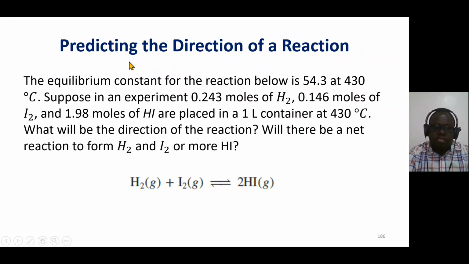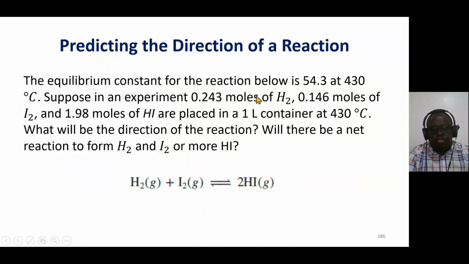Firstly, we look at predicting the direction of a reaction. So you're given this example of a reaction here, a reaction of hydrogen gas and I2 gas to form hydrogen iodide.